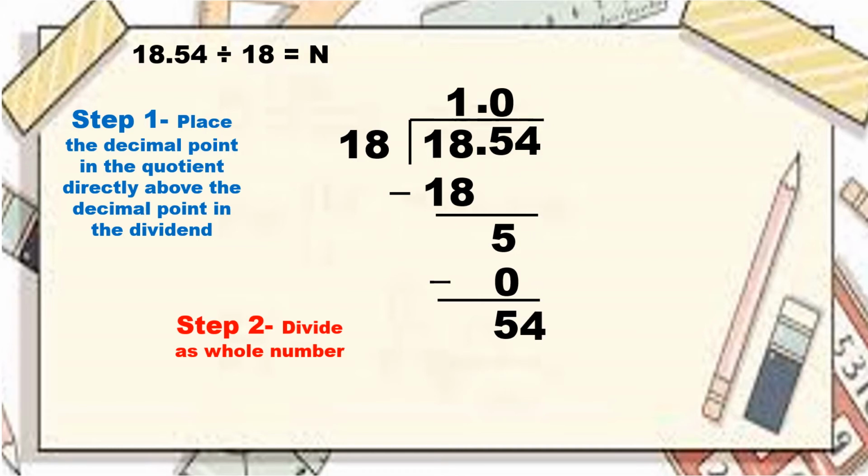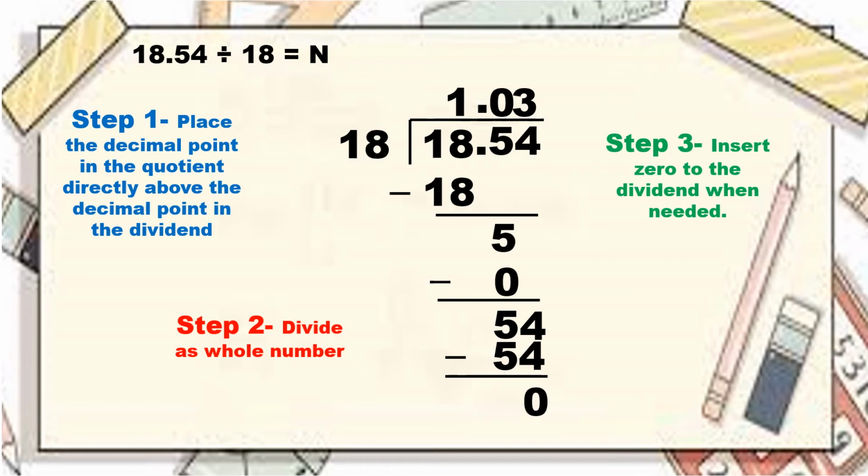Then, bring down 4. 54 divided by 18 is equal to 3. Multiply 3 times 18 is equal to 54. Subtract 54 minus 54 is 0.